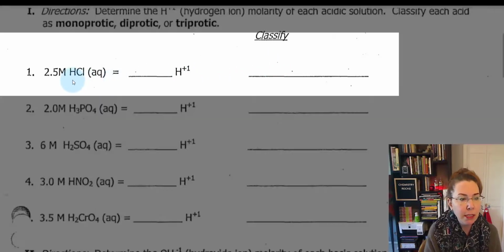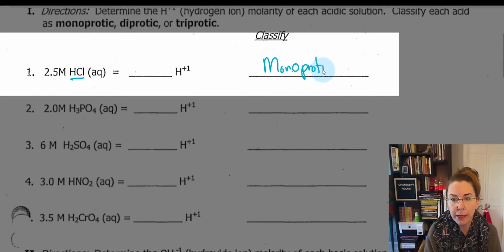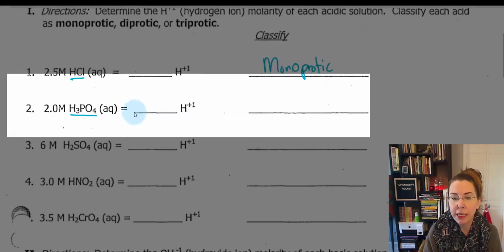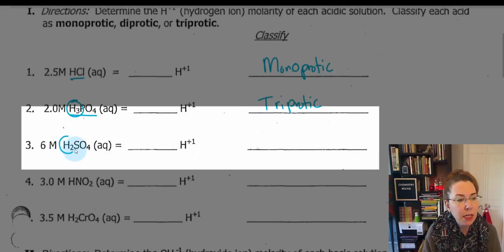So here we've got hydrochloric acid, has one hydrogen. That one would be monoprotic. Okay, here we've got phosphoric acid. Now you'll notice it has 3 hydrogens. That is going to make it triprotic. Next one, we've got sulfuric acid.